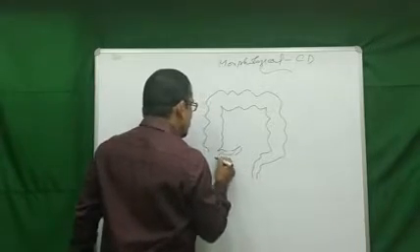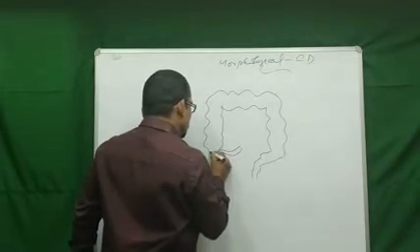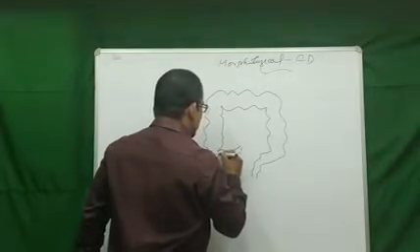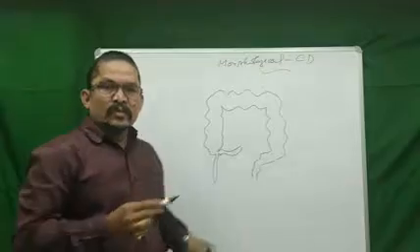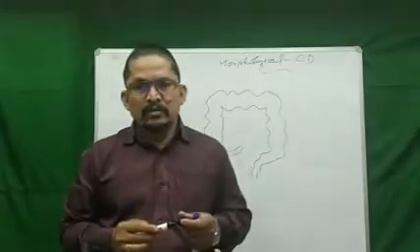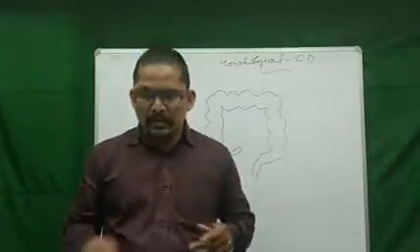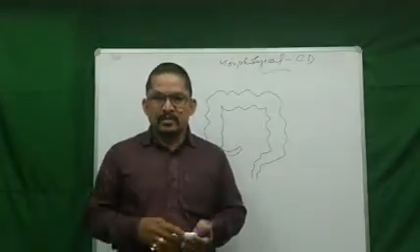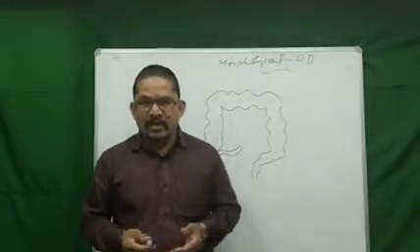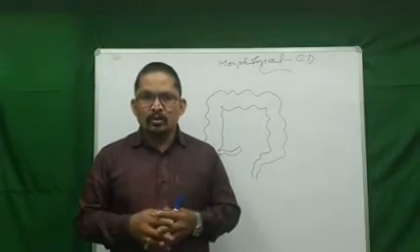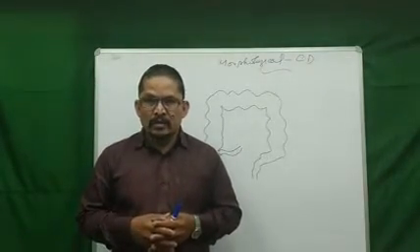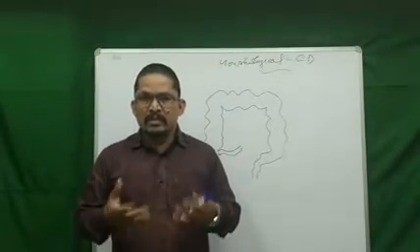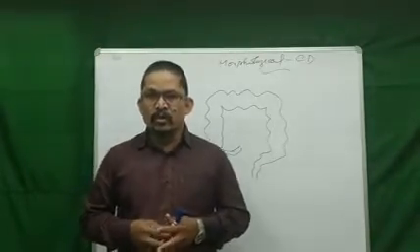We had completed the definition, then etiopathology, then pathophysiology, common sites, mode of presentations, etc. regarding Crohn's disease. Next to that, now we are discussing morphological peculiarity.